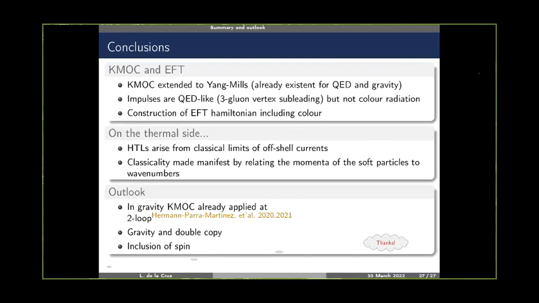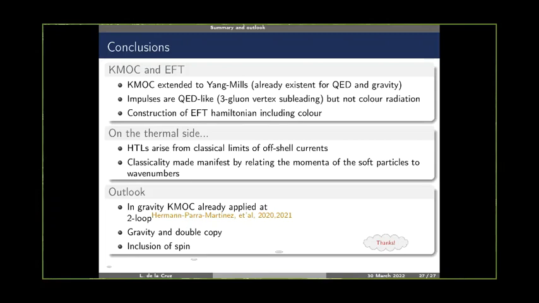Hello, Leonardo. My name's David, by the way, from Honduras, and I have a question about observables. Are there any requirements for the observables that can be computed through this KMOC formalism, or are there no conditions that the observable must satisfy in order to apply this formalism?